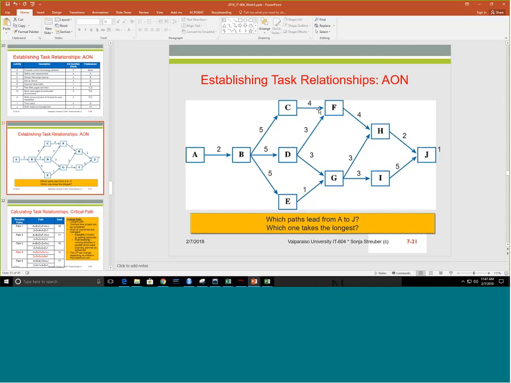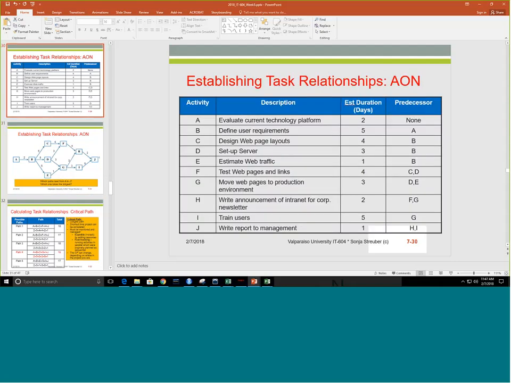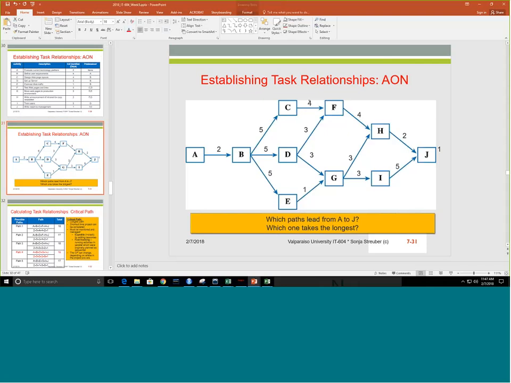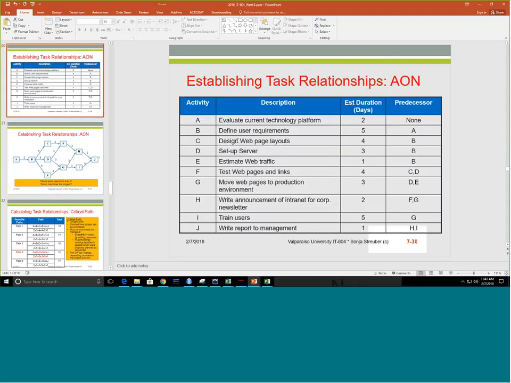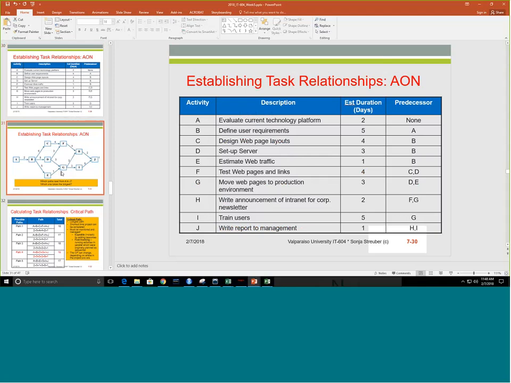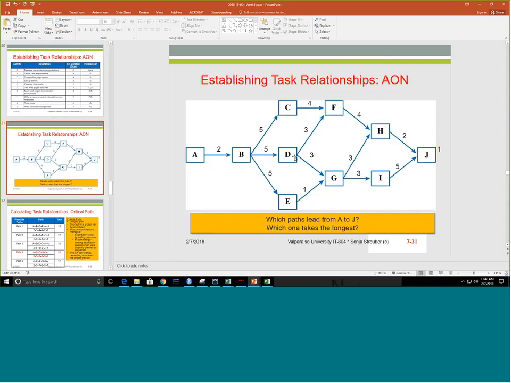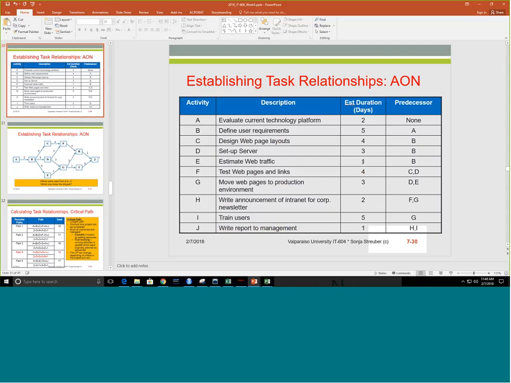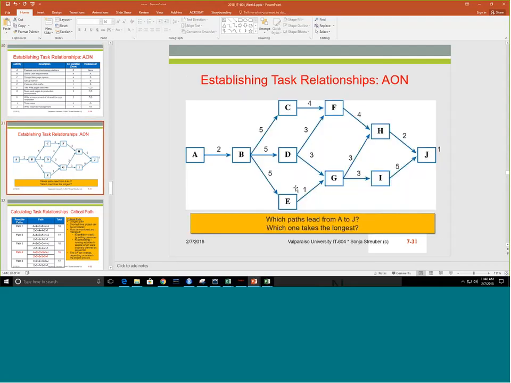The arrow that goes out of C is 4 days. The arrow that goes out of D says 3 on it, and another arrow that goes out of D also has to say 3 because D is 3 days long. And the arrow that goes out of E is 1 day. So there you go.